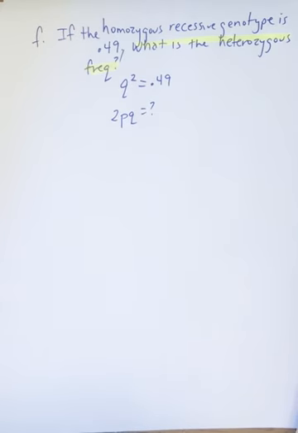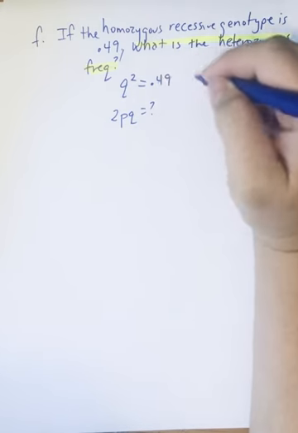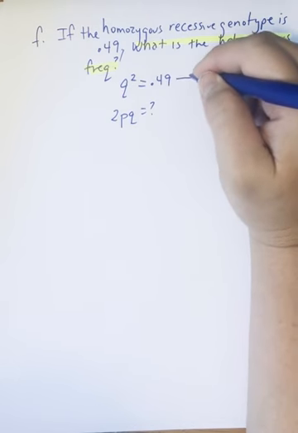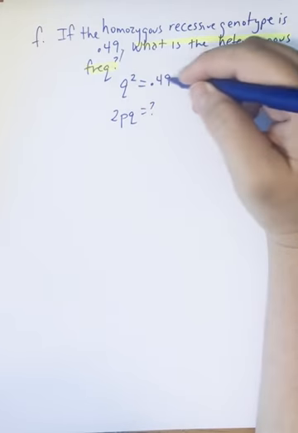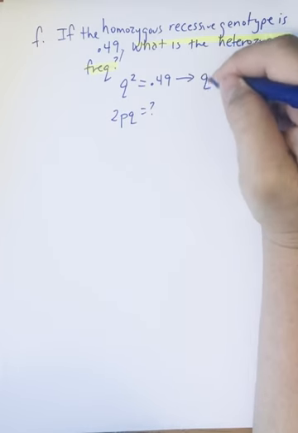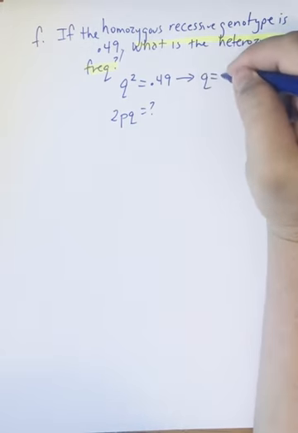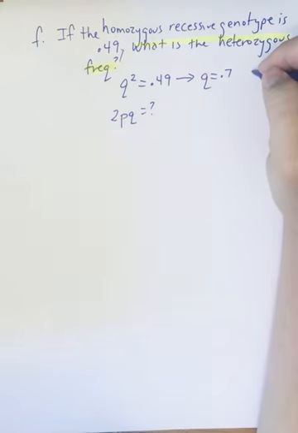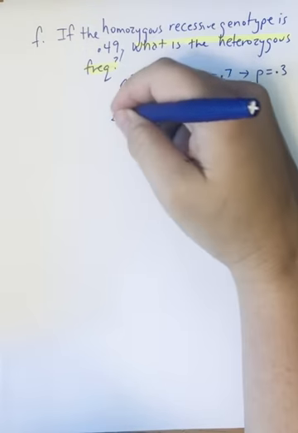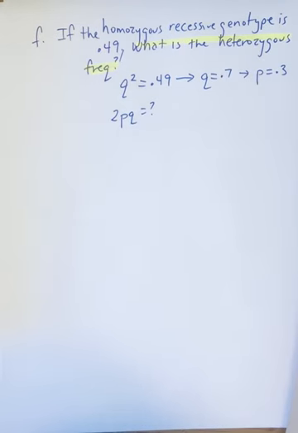Man, find your P's and Q's first. Mind your P's and Q's. So first thing I would do is figure out Q. Q squared, what times what is 49. Q is equal to 0.7. Then, once I figure out Q, because P plus Q equals 1, I'm going to figure out my P. P is equal to 0.3. Then all I have to do is my 2PQ.